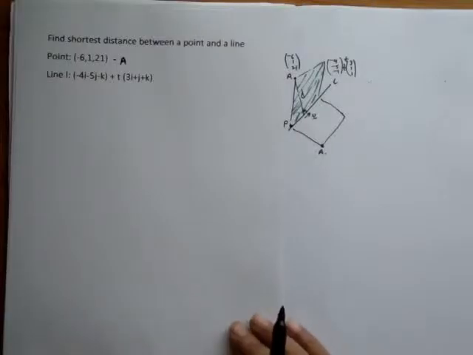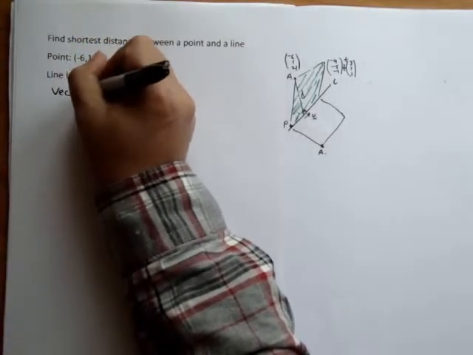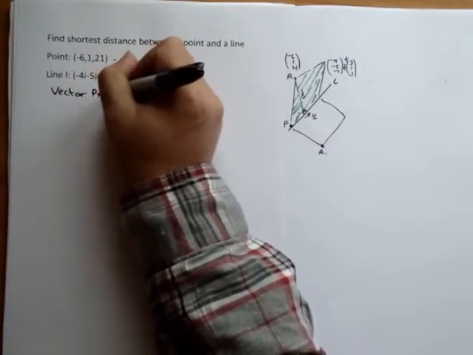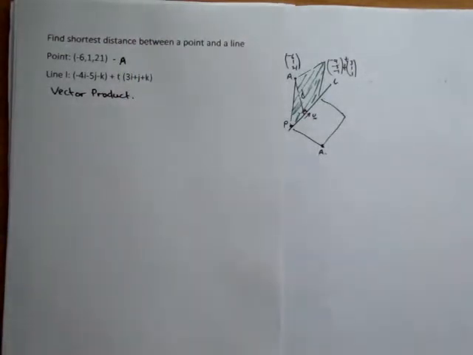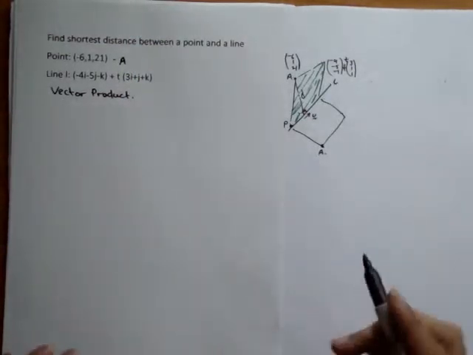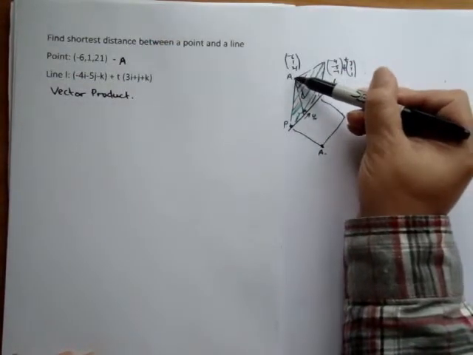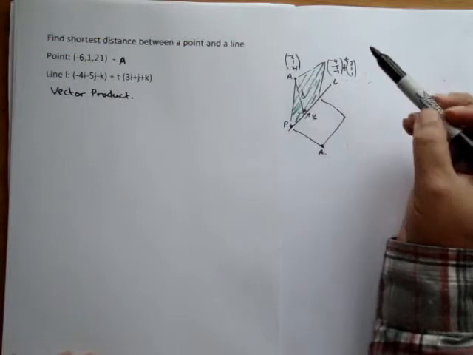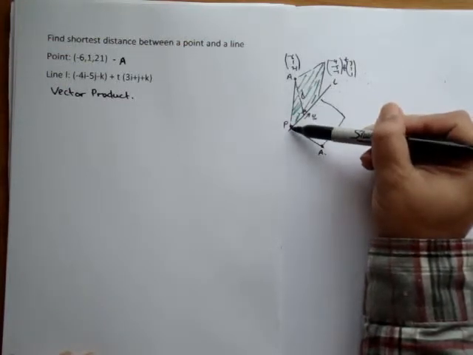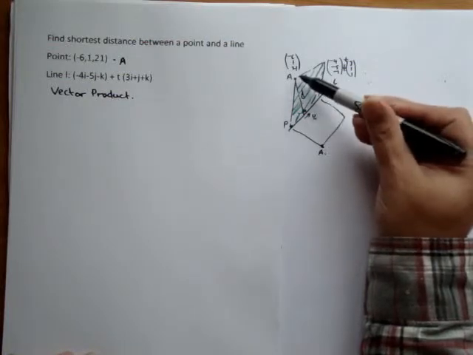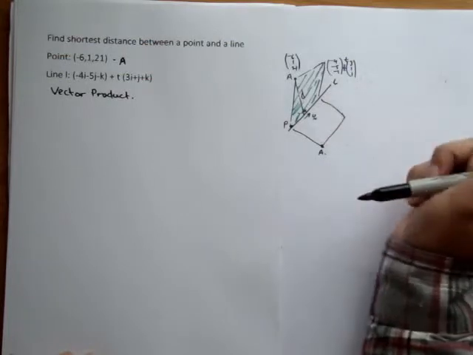Here we're going to do the same question, but we're going to use the vector product, to find the shortest distance between a point and a line. If we draw a quick diagram again, this point A can be here or here in 3 dimensions, and then we draw a line from the point A to the point P, and then make a parallelogram.